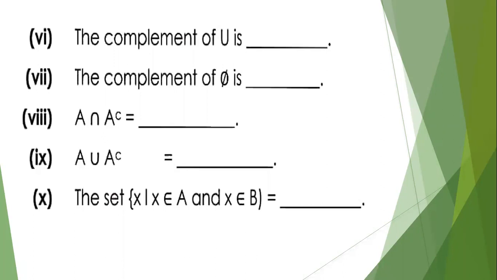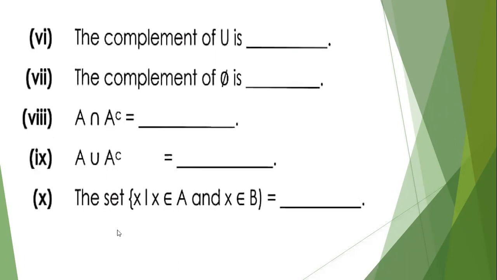Teacher, as we have two sets, A and A complement, if we take the union of A and A complement, then we will get the answer U, meaning the universal set. Fine, yes, of course, because both will get combined.